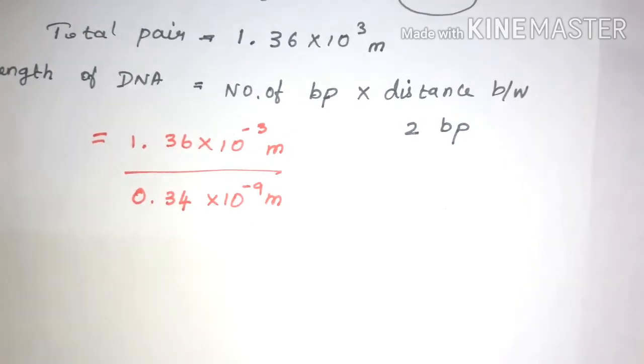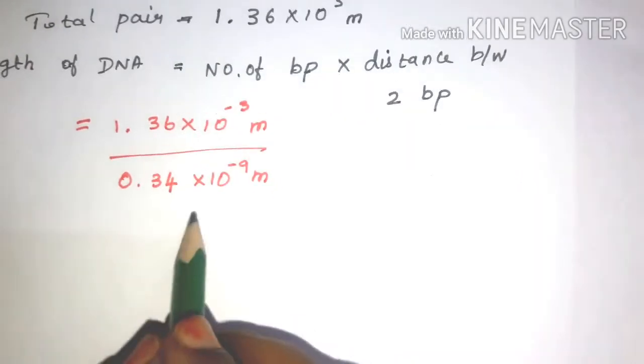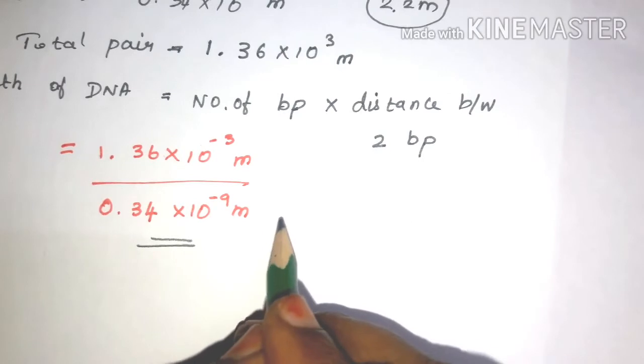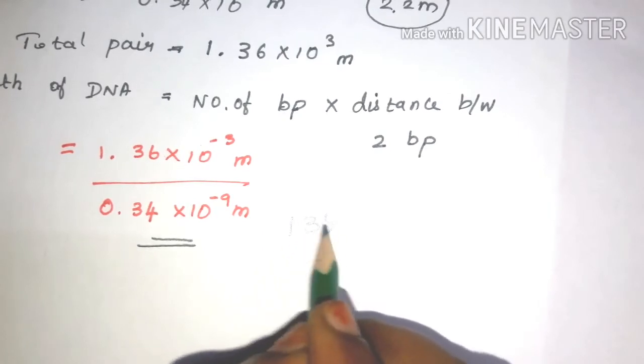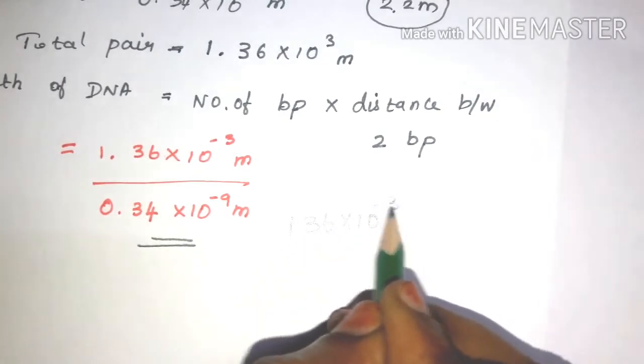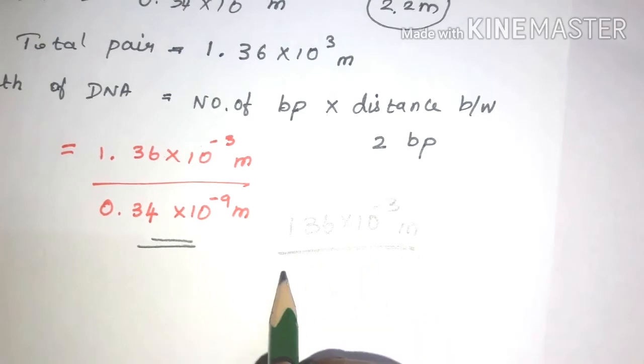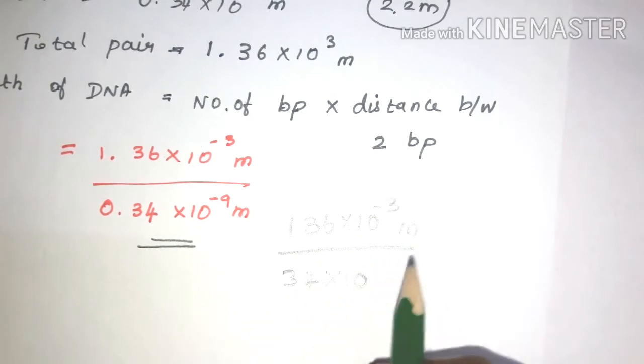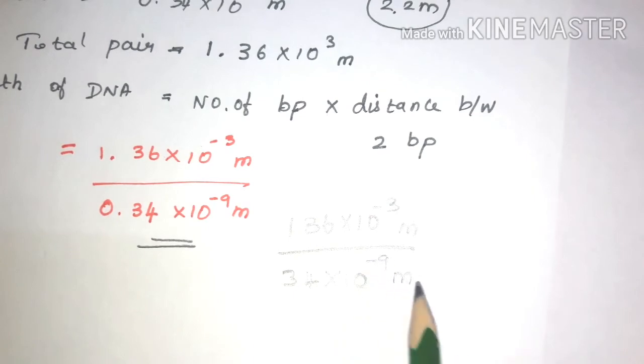The decimal point should be removed: 136 into 10 to the power of -3 divided by 34 into 10 to the power of -9 meter.